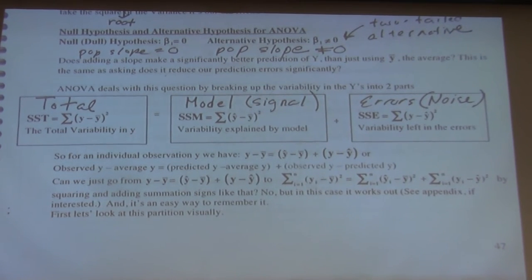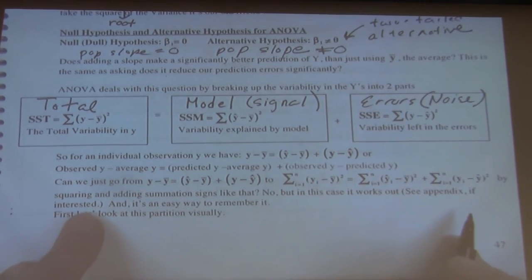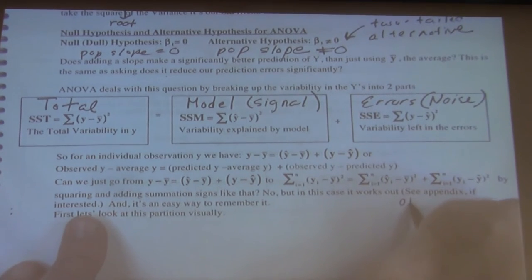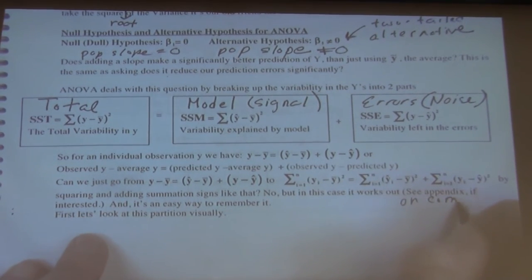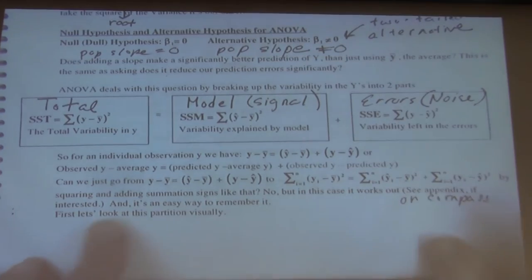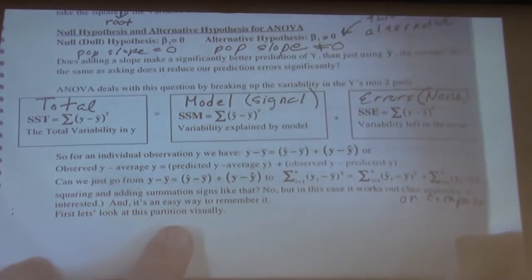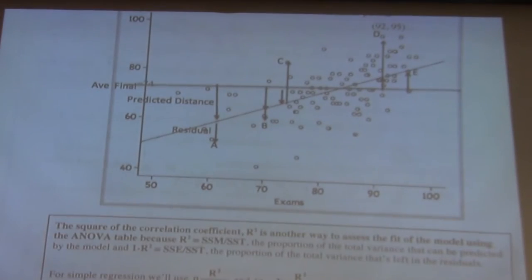Anyways, you can look at that in the appendix online on Compass if you want a more rigorous treatment. Meanwhile, here's how you can understand it very simply and visually. Here's the picture, just in 2D.